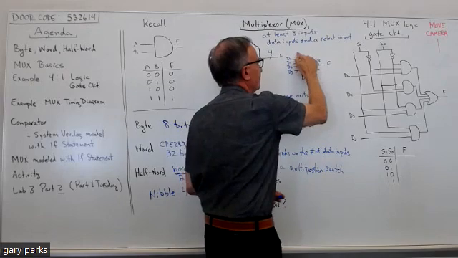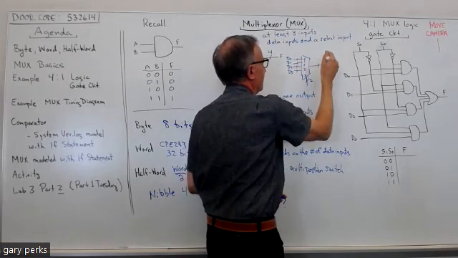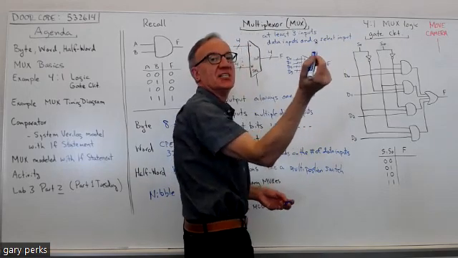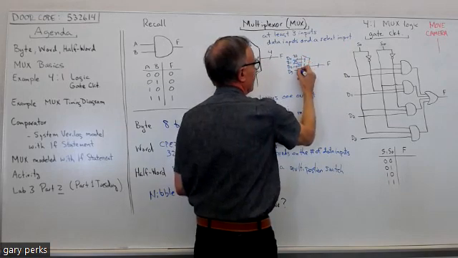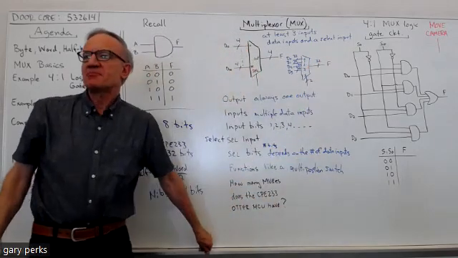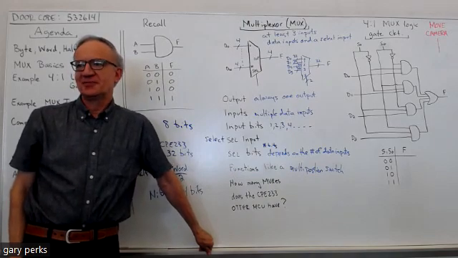What if I change the number of bits that each data input and output has to what you would have in CP 233, which is 32 bits? Let's make these all 32 bits. What would my number of select bits be in this case? Still 2.